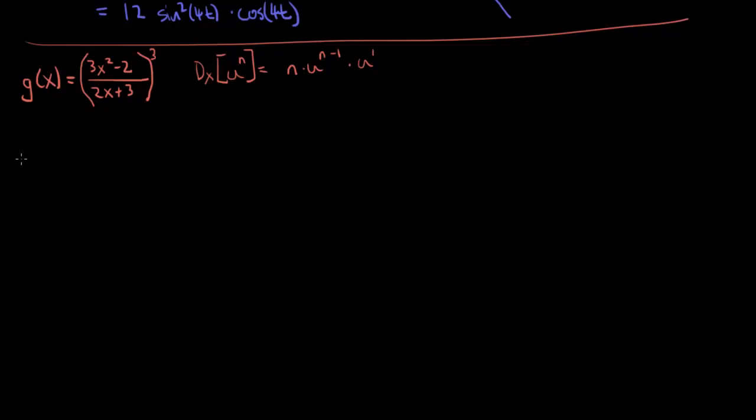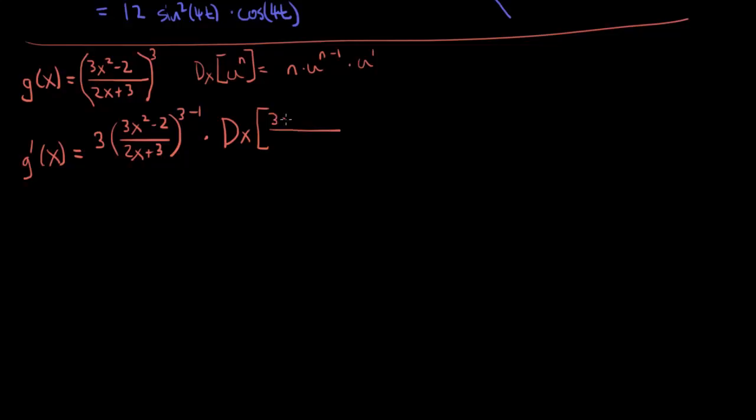G prime of x is equal to 3 times my quotient, 3x squared minus 2 over 2x plus 3, raised to the n minus 1 power, so 3 minus 1 power, times the derivative of the inside function, so the derivative of 3x squared minus 2 over 2x plus 3.